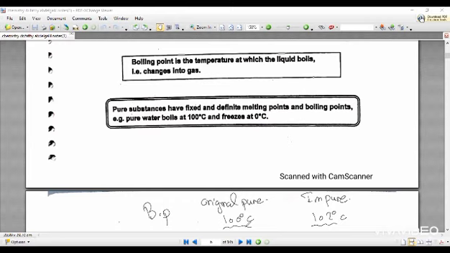All I want you to know before ending that video, that if the substance was impure, melting point will decrease. If the substance was impure, the boiling point will increase.